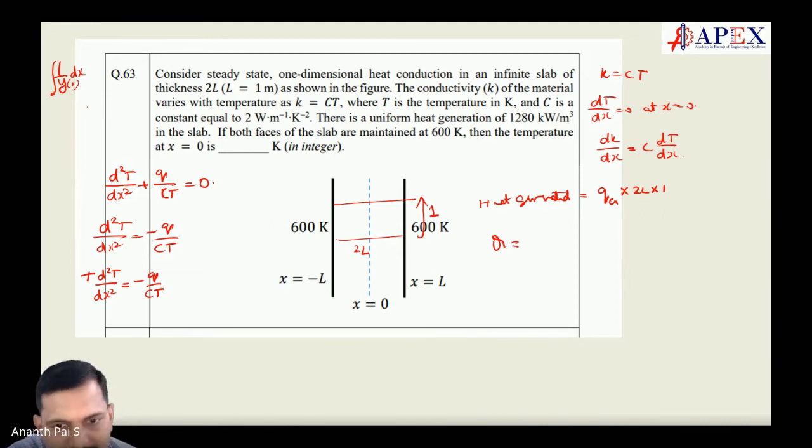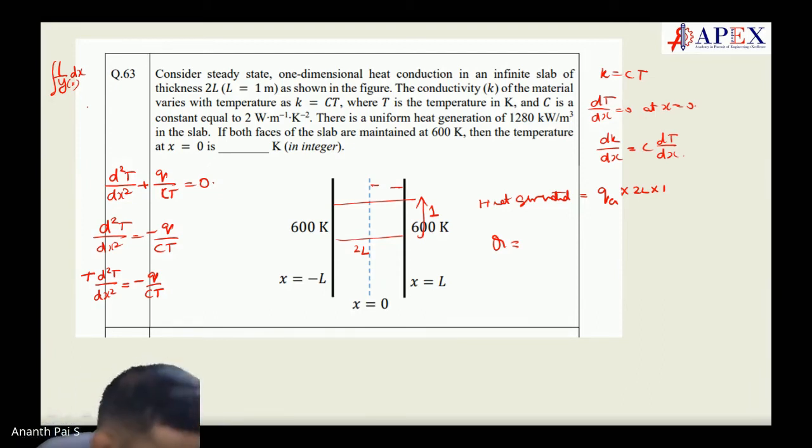Heat conducted from here to here is not the same as heat conducted from here. No, it's the same because it's in series. No, no, heat conducted does not remain the same. I'm sorry, heat is generated here. It is not the same.